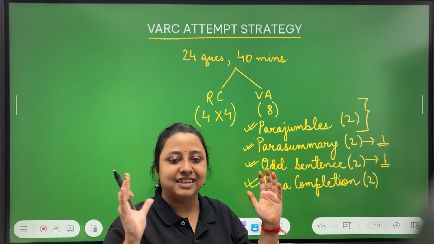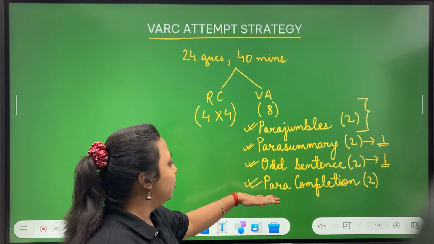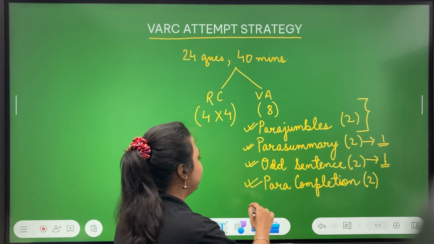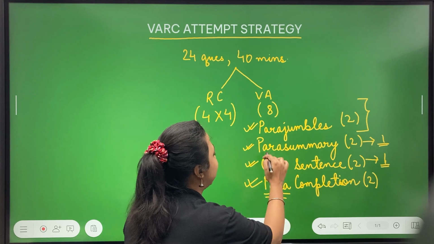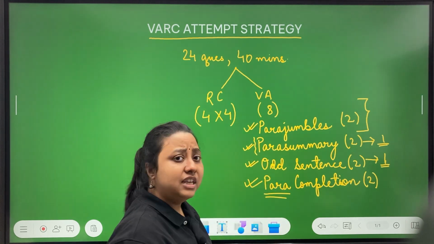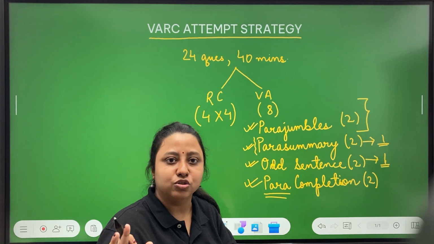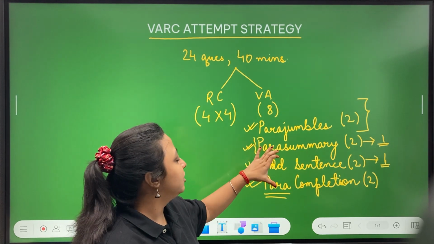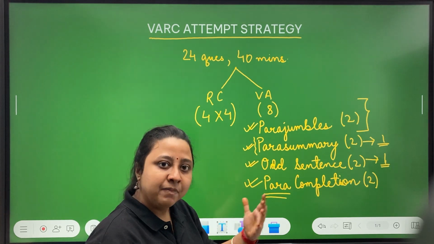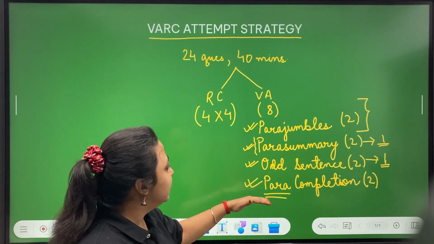That is what I say कि एक standard plan नहीं होता है. If your mocks have told you कि मेरा तो para completion बहुत ही अच्छा होता है and I start losing marks with para summary, ठीक है, then go ahead and change this sequence, start with para completion, totally your choice. Usually I'm just giving you the usual scenarios that I have seen with students, and accordingly I'm trying to explain.